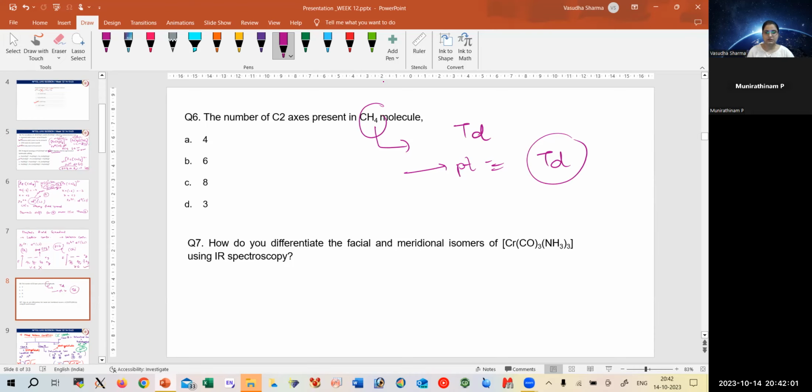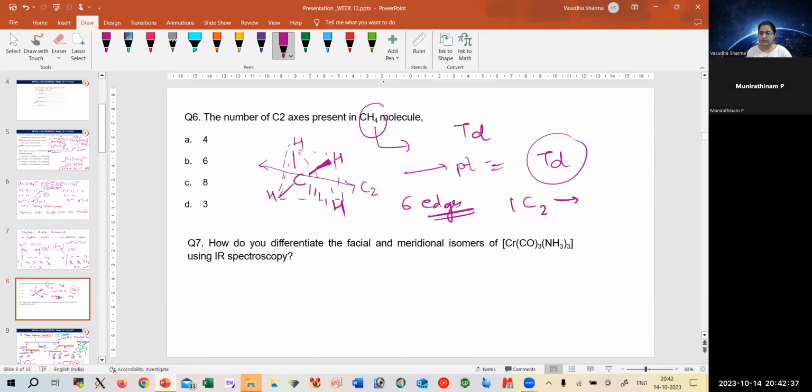Okay, firstly, hydrogen, this hydrogen is one out of the plane. This is also out of the plane, but this is above the plane, this is below the plane, these two are in the plane. So we have covered how and from where the C2s pass. There are actually 6 edges and C2s pass through the opposite edge centers.